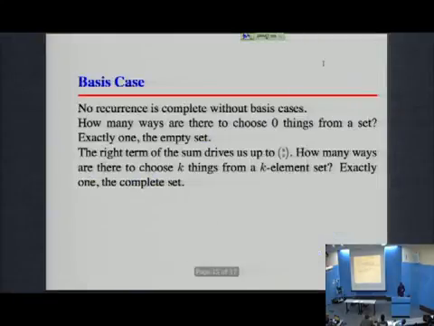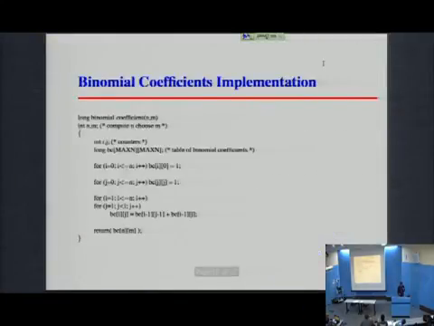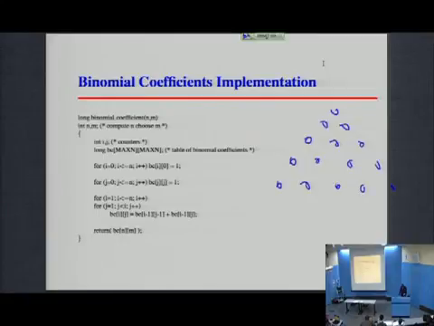Now that we have the basis cases, how can we write a program to compute this? We have a recurrence relation. The recurrence relation is going to get its way by calling itself to generate smaller numbers. In Pascal's triangle, we filled in the numbers, remember, like this. We walked along the triangle, and if we filled in the triangle like this, the two numbers we needed were already computed, right?